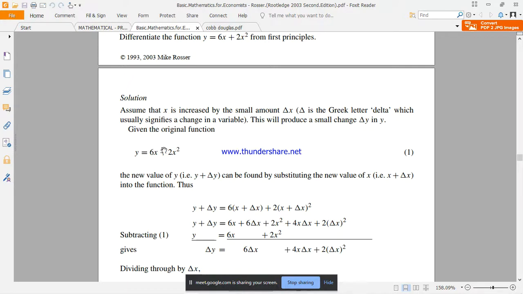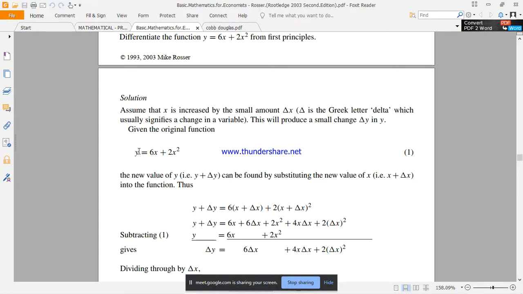So this is the original function, and then the new value of y after that small change in x. I love applying. Let's say this y is consumption and this x is income, just to give an example.